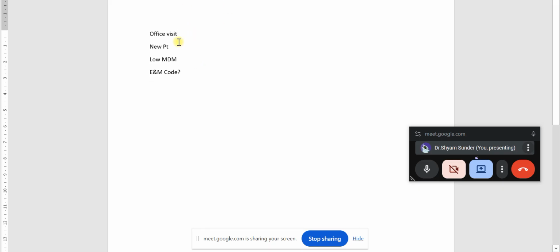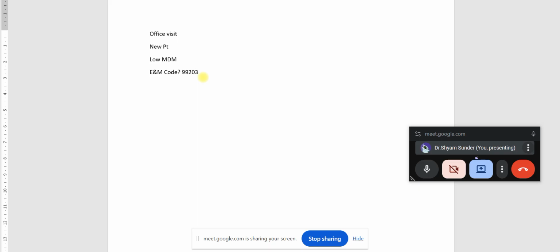If it is a new patient, you have 99202, 203, 204, 205. The four codes. Now, if MDM is low, which code will you assign for low MDM? Yeah, you can refer to the book. It's an open book system. 203. That is low MDM. Now your final E&M level is 99203.